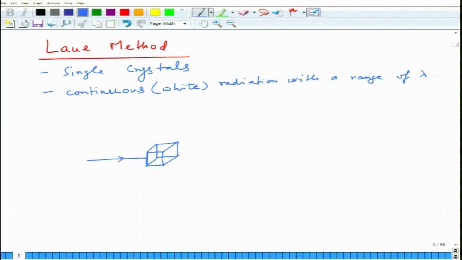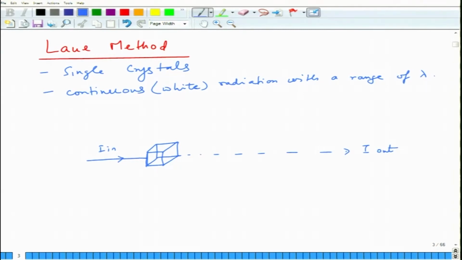If the beam orientation is fixed, this is I in, and this is I out. If the plane orientation is fixed, then the only planes which are going to diffract are the planes which make the appropriate angle with respect to the incident and diffracted beam, which satisfy the Bragg geometry.